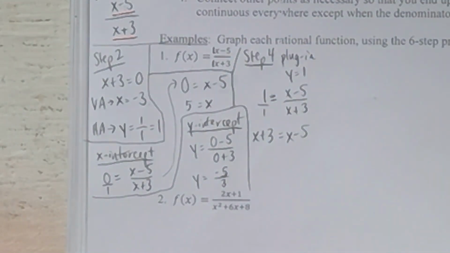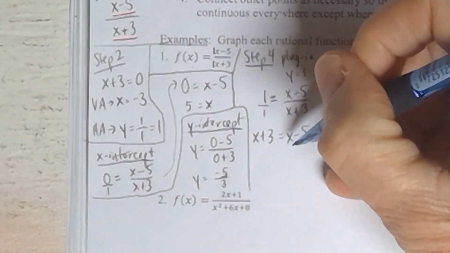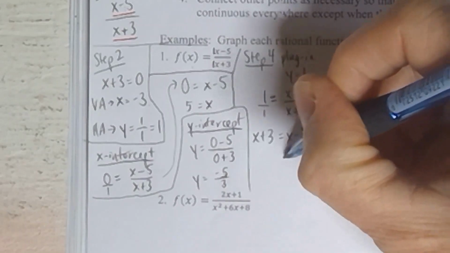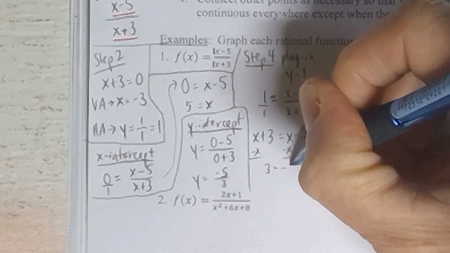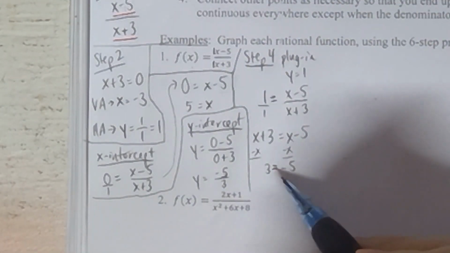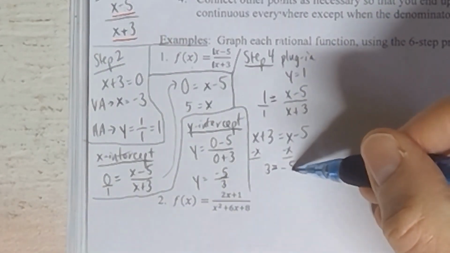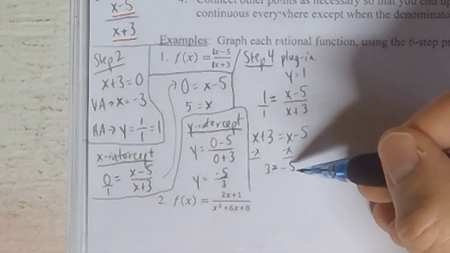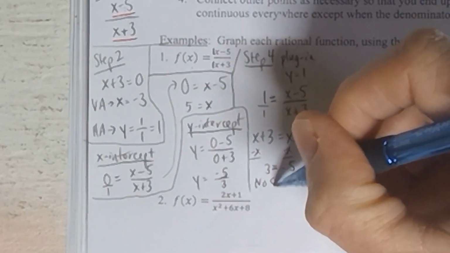But something interesting happens, something we've seen before. If I move the x's to the same side, they both cancel, don't they? And we get an equation where there is no variable, and this is a false statement. What did we say about that, you guys? When we have no variable in an equation, and it's a false statement, 3 is not equal to -5, the answer then would be no solution.